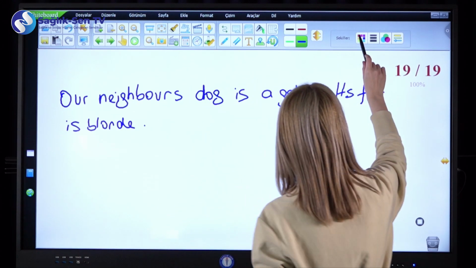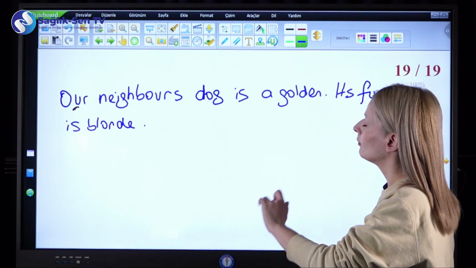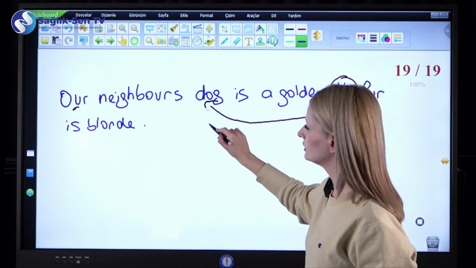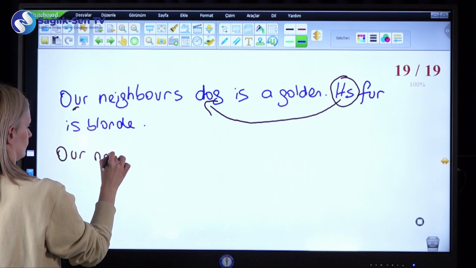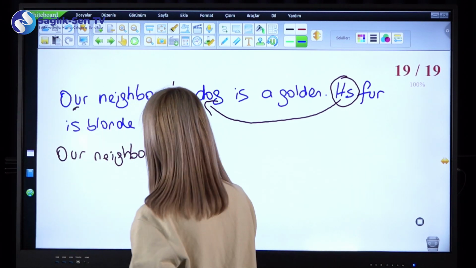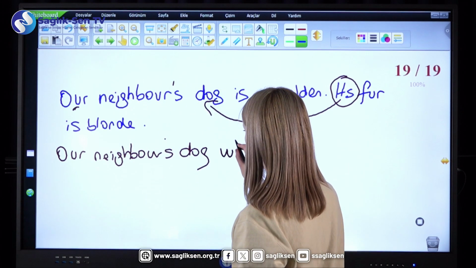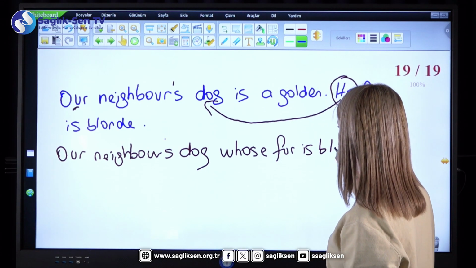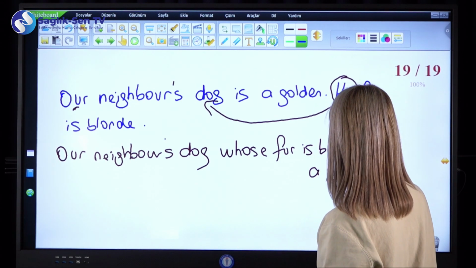So don't let the its deceive you, because it here refers to the dog in the first sentence. Our neighbor's dog, whose fur is blonde, is a golden retriever.